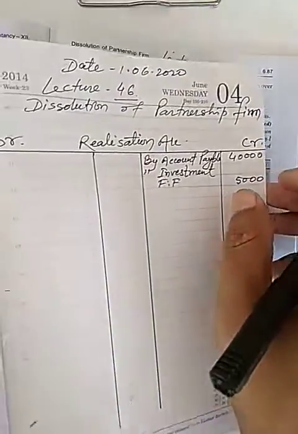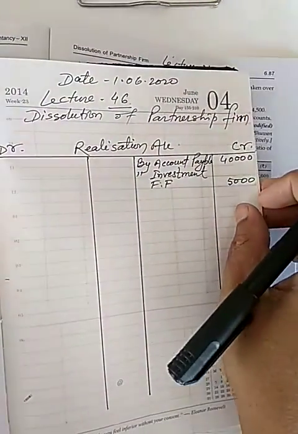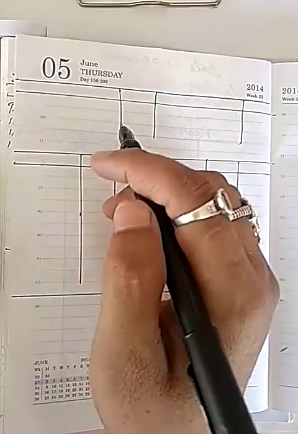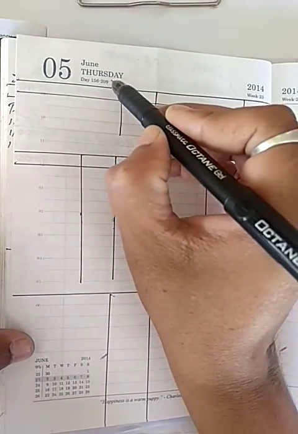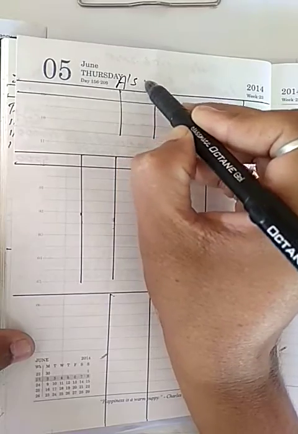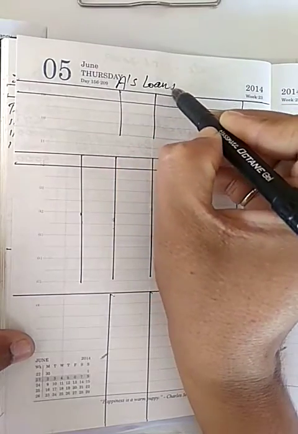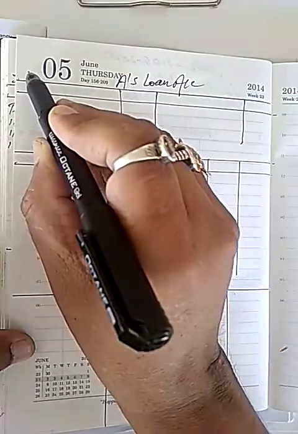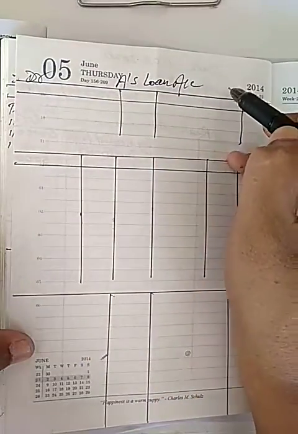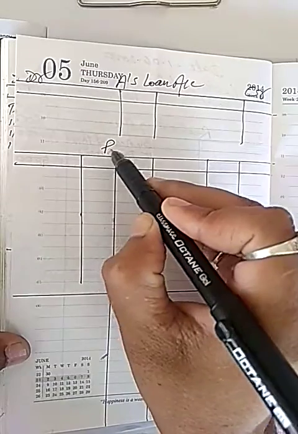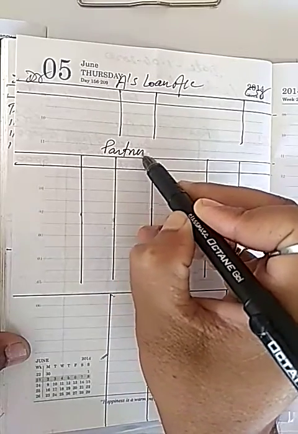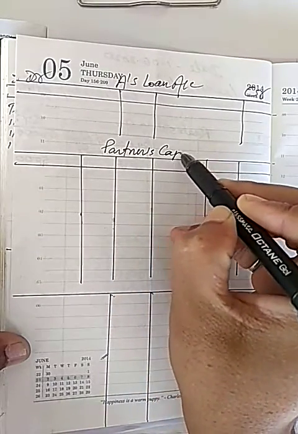Now partners' capital accounts are also given. So this is the format of A's loan account, debit side and credit side, and this is the format of partners' capital accounts.